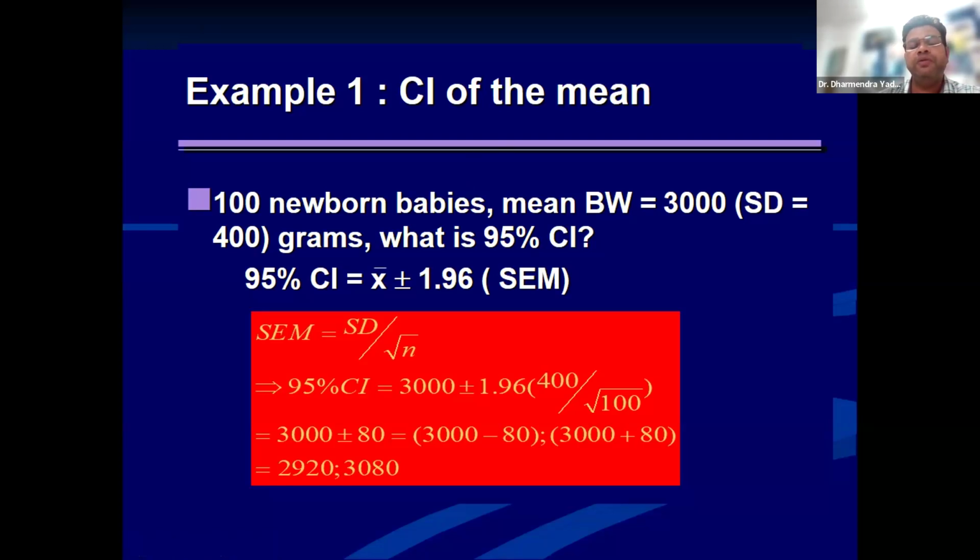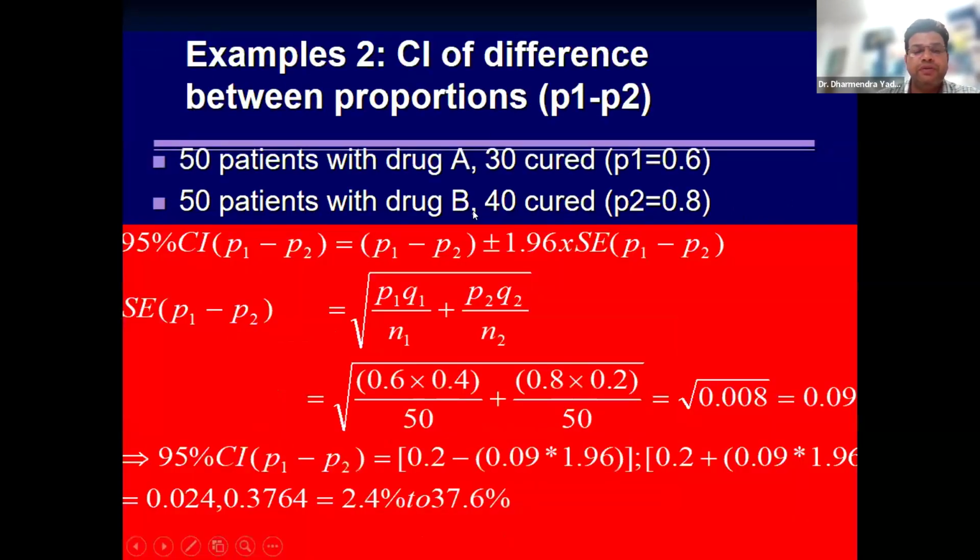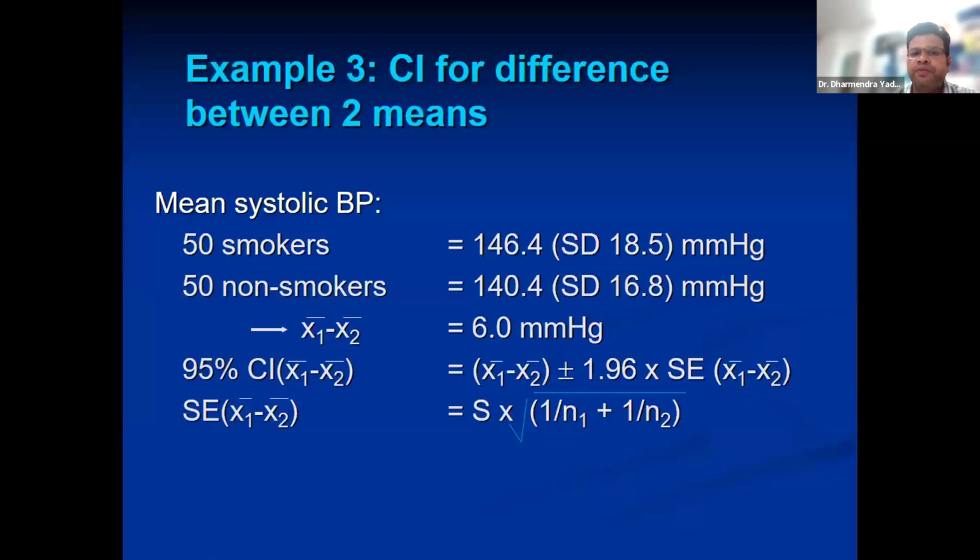Because what we are calculating here is only for the sample, but we need an estimate for the population. I will not go into that because these are different formulas for the mean. Sometimes it will come in the form of proportion, because we have to find the difference between proportions. Sometimes we have to find the difference between two means.